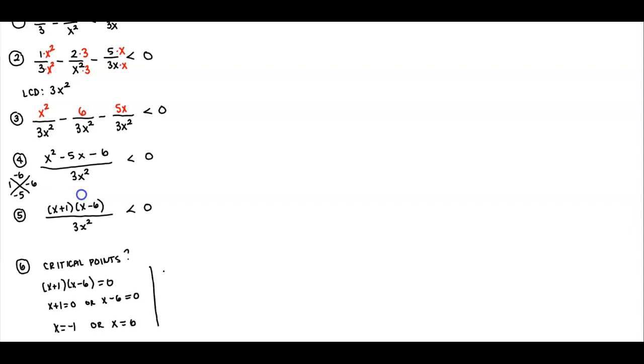And then in the denominator, where it makes it undefined, we have 3x squared equal to 0. If we divide both sides by 3, we have x squared equal to 0. If we take the square root of both sides, then x is going to equal 0. So what this tells us is that we have 3 critical points.